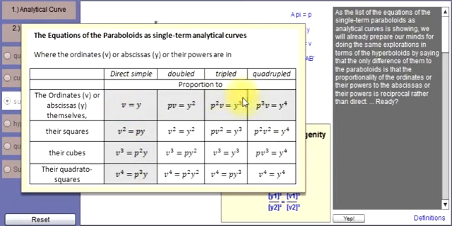So when you see that, you get a grid of different types of paraboloids where the proportions of the abscissas and the ordinates have different exponents.